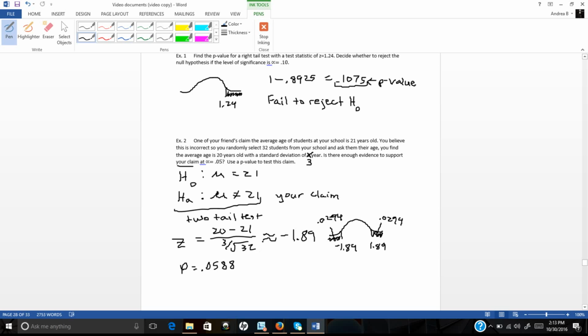So that's where it's critical to know what type of test you have first before you're going through and doing this. And in this case, this is greater than that alpha level of 0.05. So remember, if your p-value is greater than your alpha, that means that we fail to reject. So just like in example one, we fail to reject our null hypothesis.